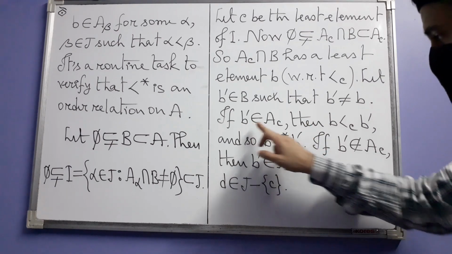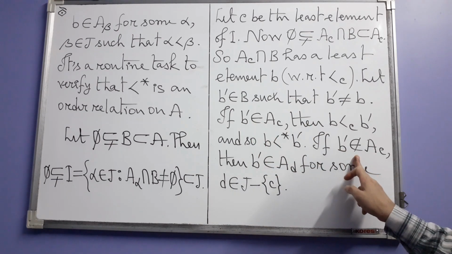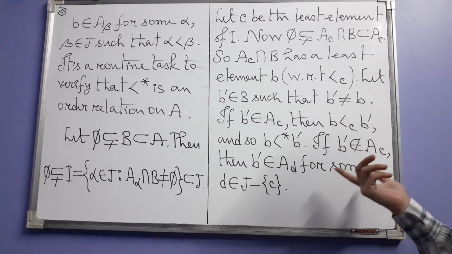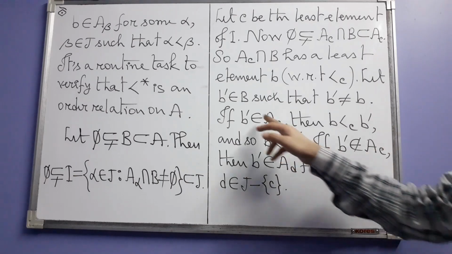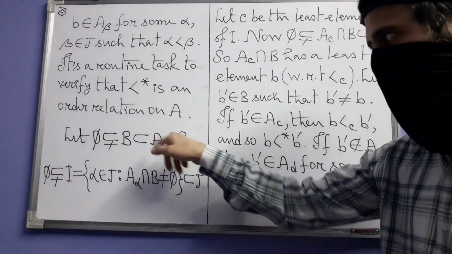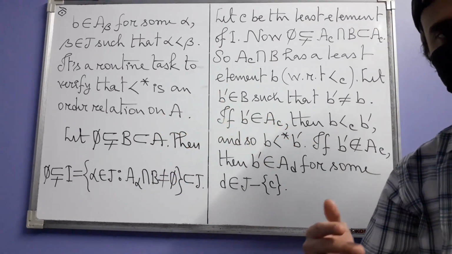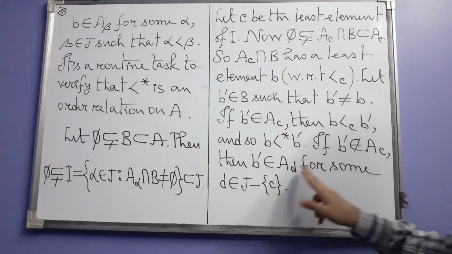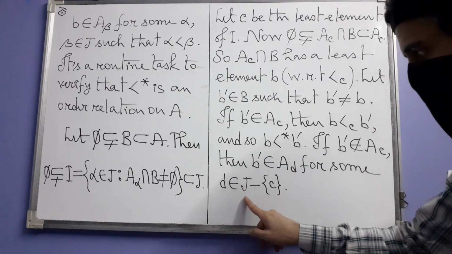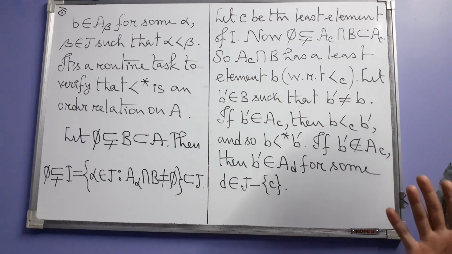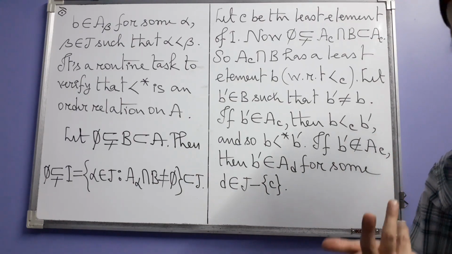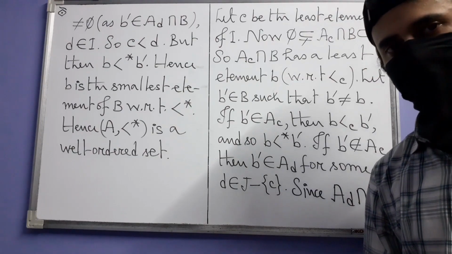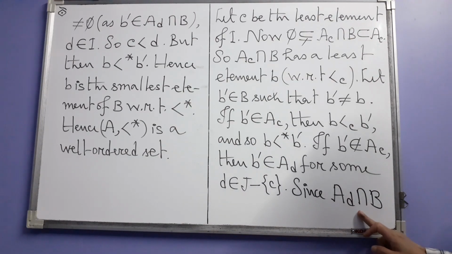However, we may also have this, no? b prime may not belong to AC. If it doesn't belong to AC, because b prime after all is in B and so is somewhere in A, it will belong to some other A, say A D, for some D belonging to J which is not equal to C. Now what? Let's see. So after that we write this.